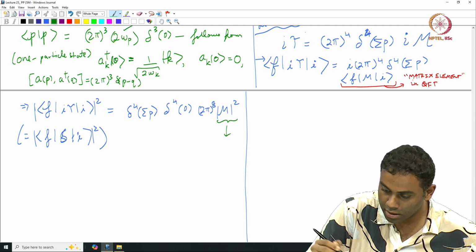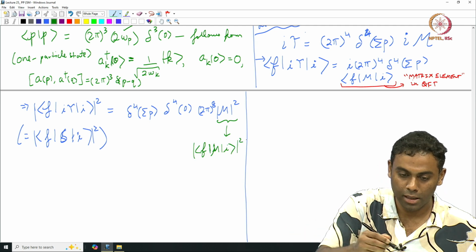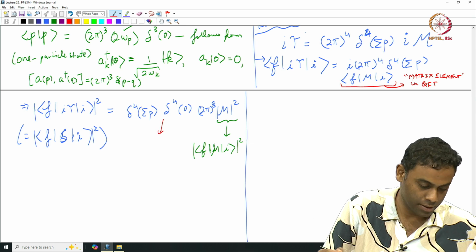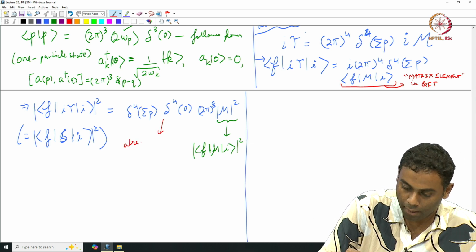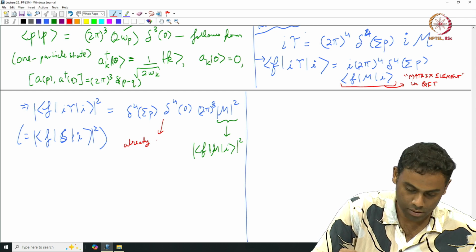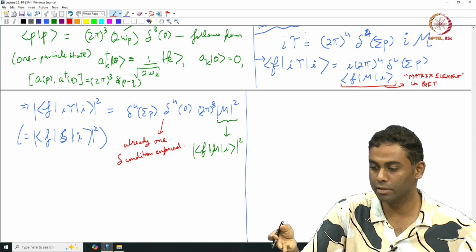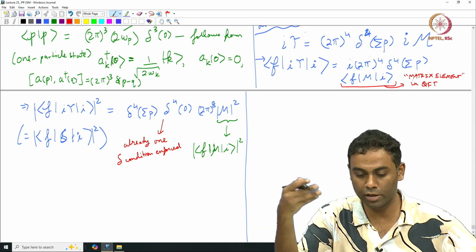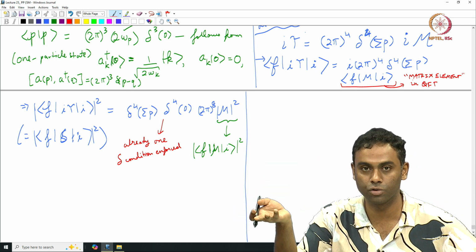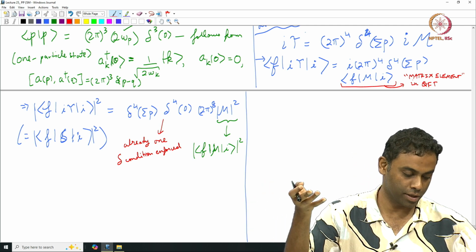This thing we got by already enforcing one delta condition. I am just getting momentum conservation twice. So, if I am already enforcing it in the integration, that just goes to 0 anyway, we know that.